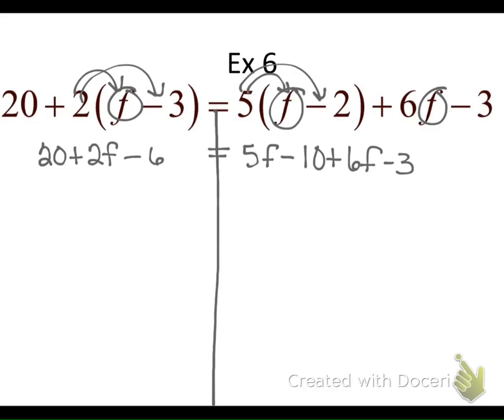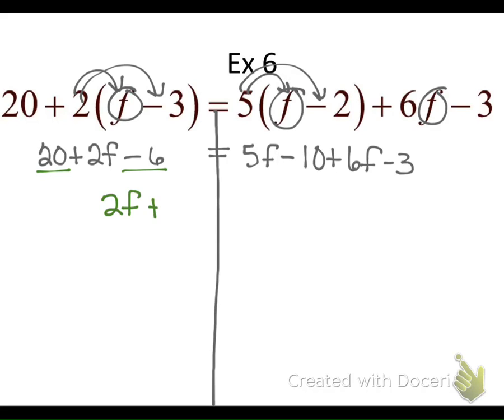20 and negative 6. Okay. I always go with my variable first, so I'm going to bring that 2f down, because I like to work with my variable in the front. And then what's 20 minus 6, Jemiah? 18. Try it again. 20 minus 6? 14. Positive 14, right? Positive 14. So if I combine like terms on my left side, then I do what on my right side?